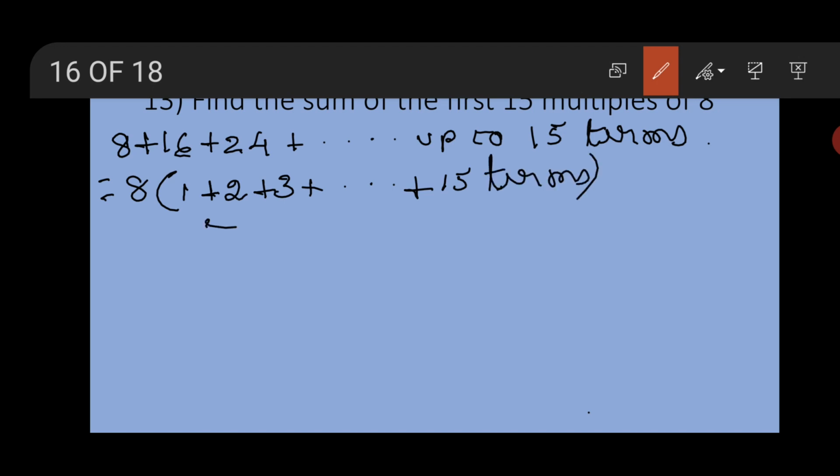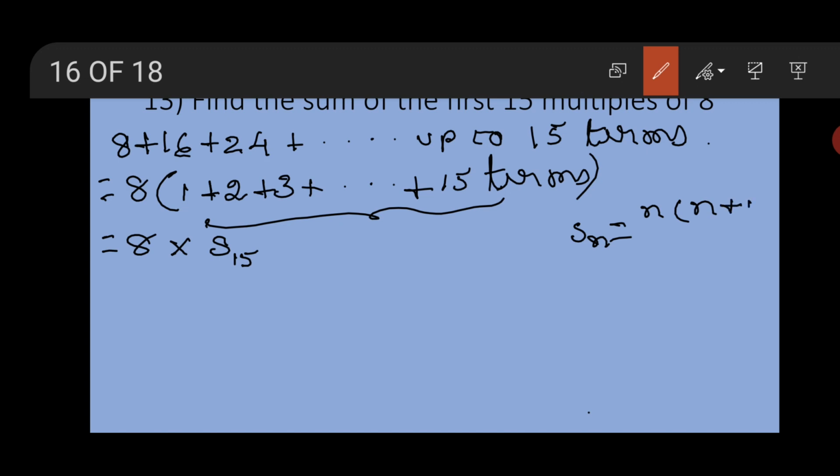So here also again apply the same formula. Inside the bracket, 1 plus 2 plus 3 plus up to 15 terms is the sum of the first 15 natural numbers. The formula is that the sum of first n natural numbers is given by n into n plus 1 divided by 2. So what is S15?